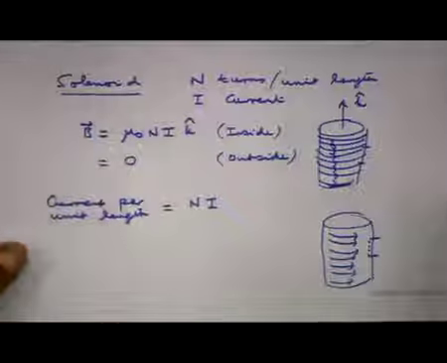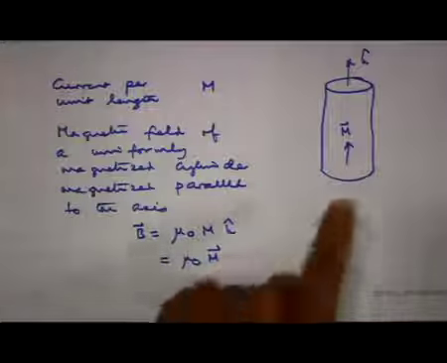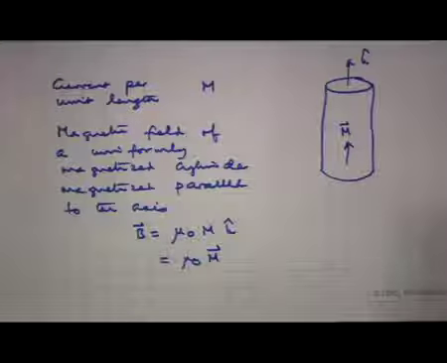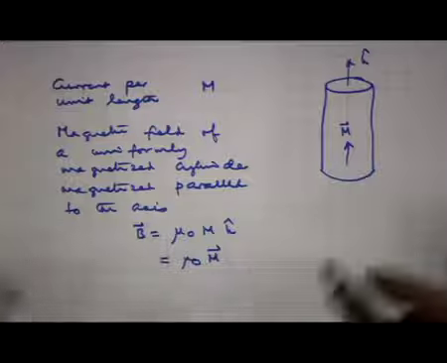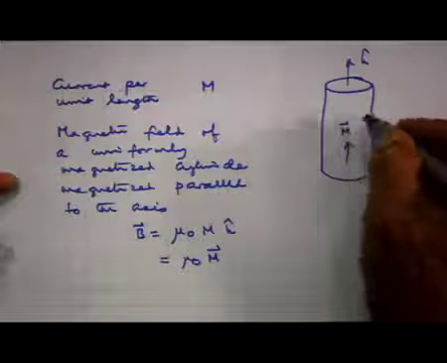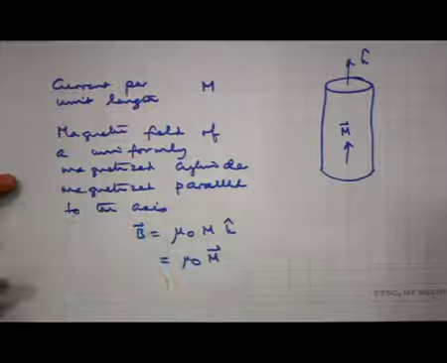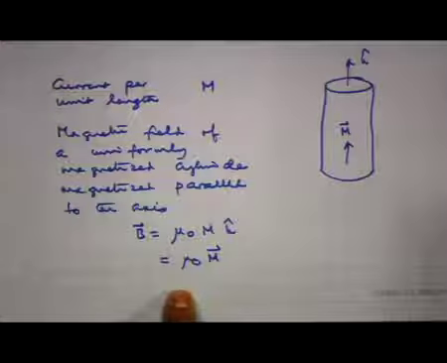So, all I need to do to calculate the magnetic field of a uniformly magnetized cylindrical sample, magnetized parallel to the axis, is to know that this is equivalent to a surface current of M, and that gives me a magnetic field B equal to mu naught times M vector.